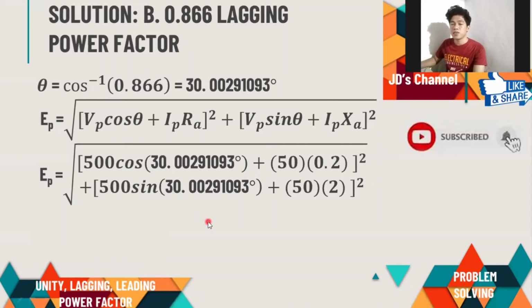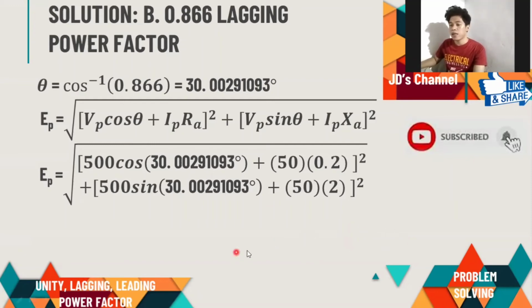Upon substituting, ito yung magiging result natin: the square root of 500 cosine 30.00291093 plus 50 multiplied by 0.2, quantity squared, plus 500 sine 30.00291093 plus 50 multiplied by 2, quantity squared. So, the answer, kindly input.